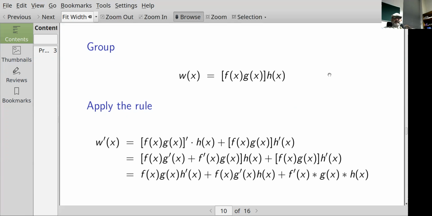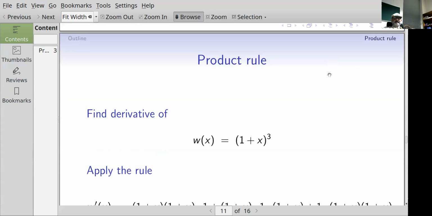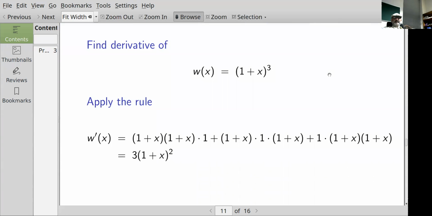The derivative of f times g is given by the product rule, times h of x, plus f of x times g of x times the derivative of h. And then we get f of x times g of x times the derivative of h, plus f times the derivative of g times h, plus the derivative of f times g times h. So that has a pleasing pattern to it.